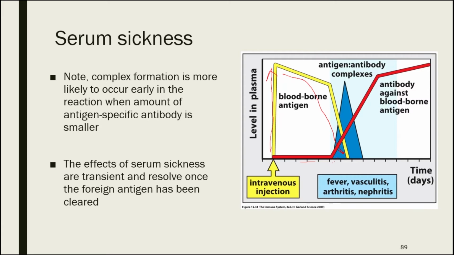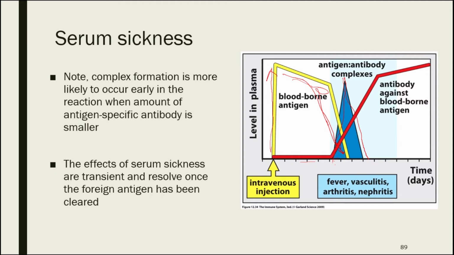There are still foreign substances, but your body starts clearing some of these foreign proteins, and at the same time this shows the formation of these antibody-antigen complexes that cause the type 3 hypersensitivity. These things are pretty much self-limiting.